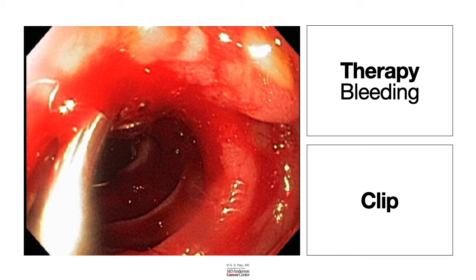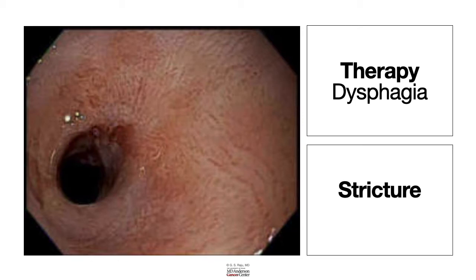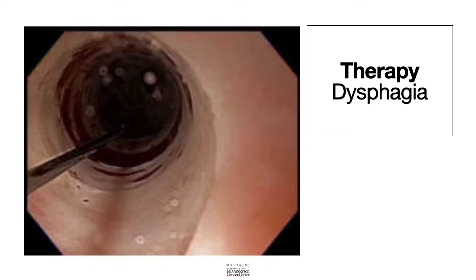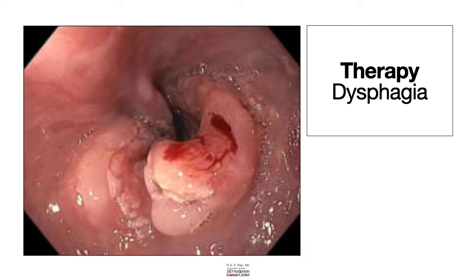Another therapeutic intervention in somebody who has been having difficulty swallowing and they have an esophageal stricture. This is a benign esophageal stricture, and you relieve that problem by doing balloon dilation. Another problem, again, difficulty swallowing.